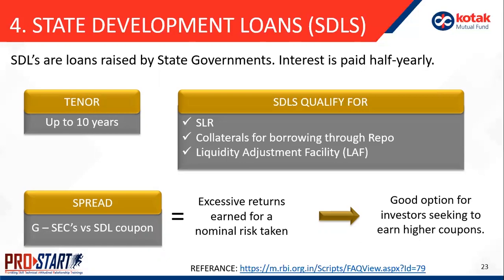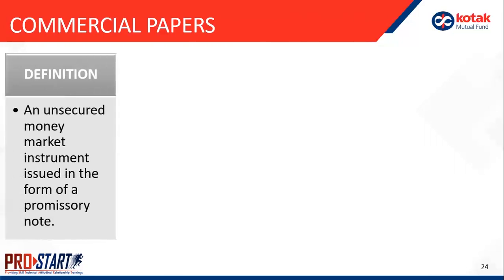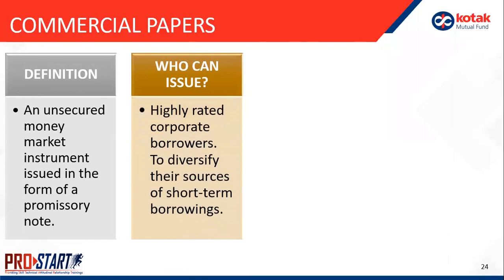Let us now look at one more important debt instrument, which is commercial papers. By definition, it is an unsecured money market instrument issued in the form of a promissory note. Who can issue commercial papers? Let's have a look. They can be issued by highly rated corporate borrowers.